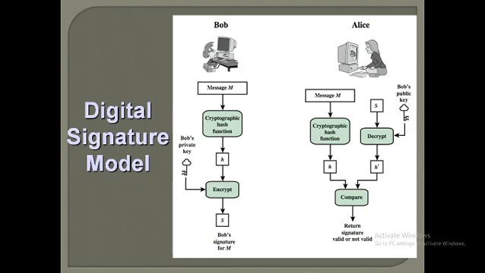Again the received message is applied to the cryptographic hash function, and a hash is obtained, and the signature is decrypted to get the hash dash, and both are compared. Then we can determine whether it is valid or not. For decryption we use Bob's public key. That is, the sender's public key is used for verification, whereas for encryption of the hash, the private key of the sender is used. So only the sender's keys alone are used.